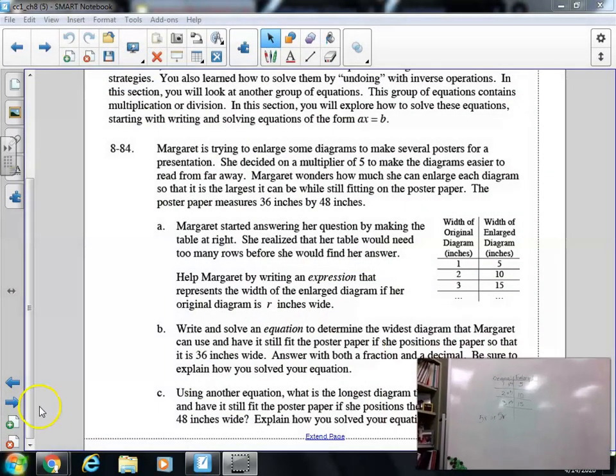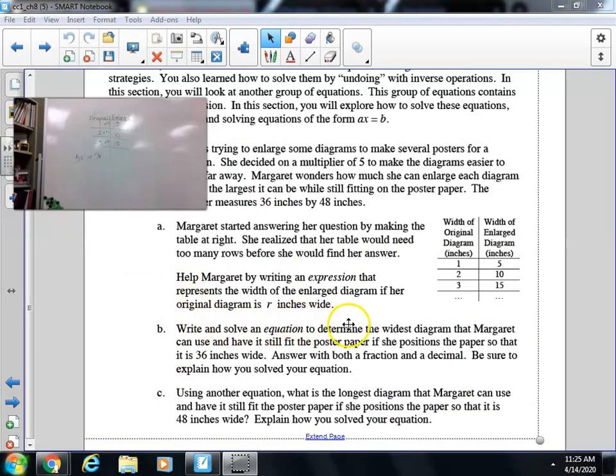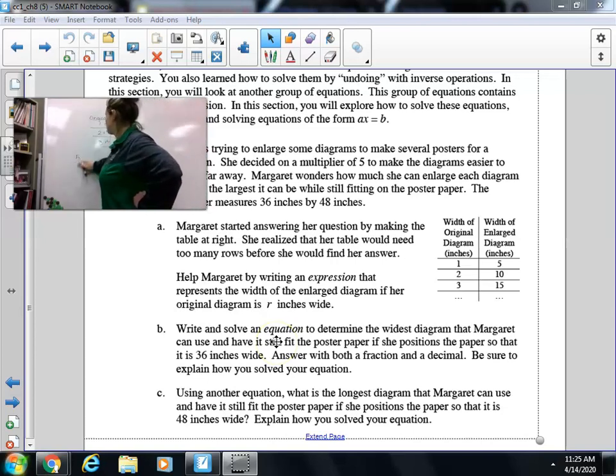So if we go back now to letter B, it says we want to write and solve an equation to determine the widest width that Margaret can use and have it still fit the poster paper if she positions the paper so that it is 36 inches wide. Answer with both a fraction and a decimal.